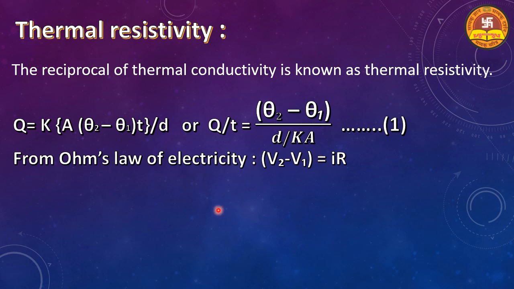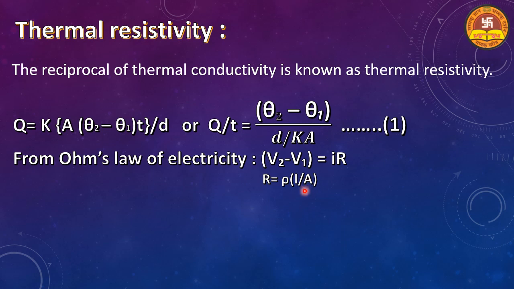Now the mathematical form of Ohm's law is this: V2 minus V1 equals I into R, where V2 minus V1 is the potential difference between the two ends of a conductor, I is the amount of current flowing through it, and R is the resistance of the conductor.